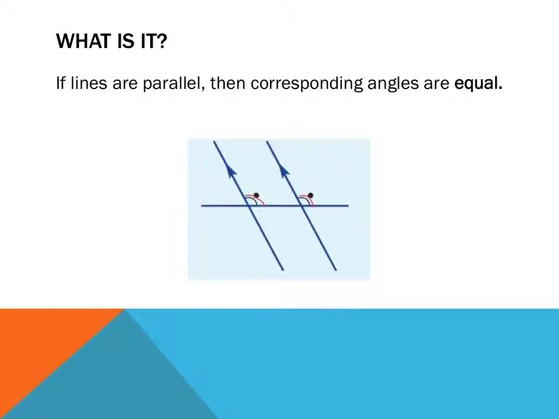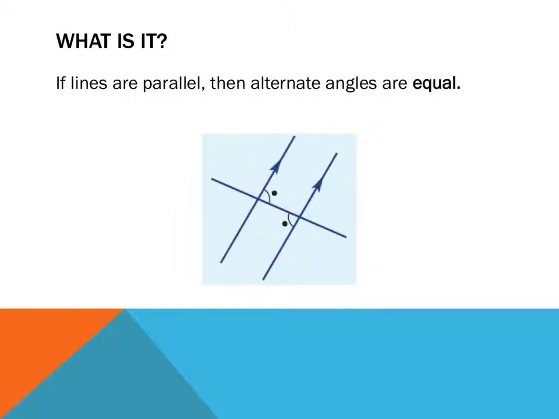In diagrams, parallel lines are indicated with these two sets of lines. On occasion, you may be asked to prove if the lines are parallel, and we'll look at that later, but in general, if there are two parallel lines, they'll be indicated in a diagram with these two little triangles. So corresponding means here and here, and those corresponding angles are equal.